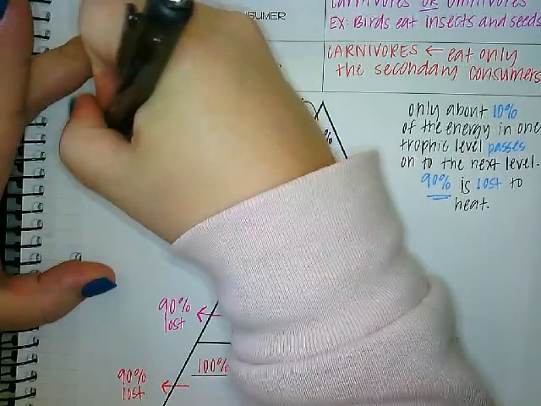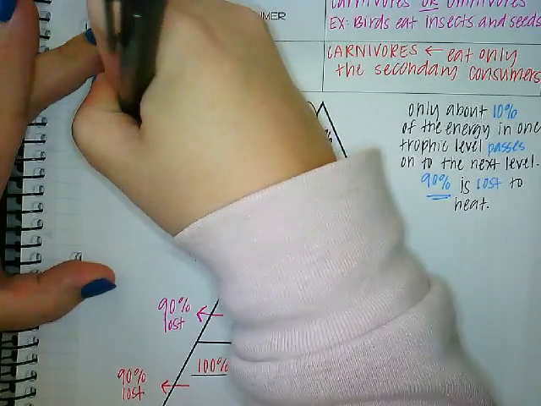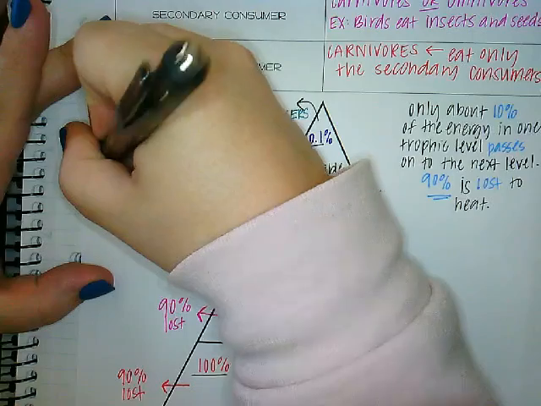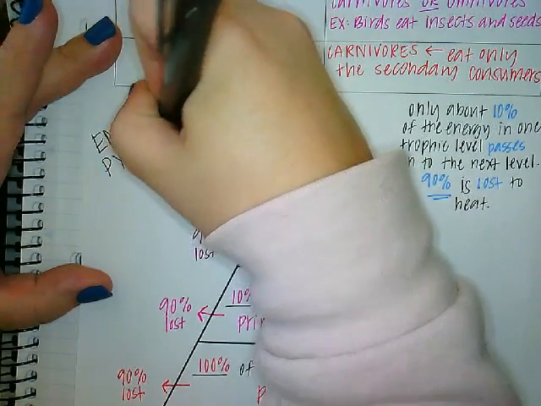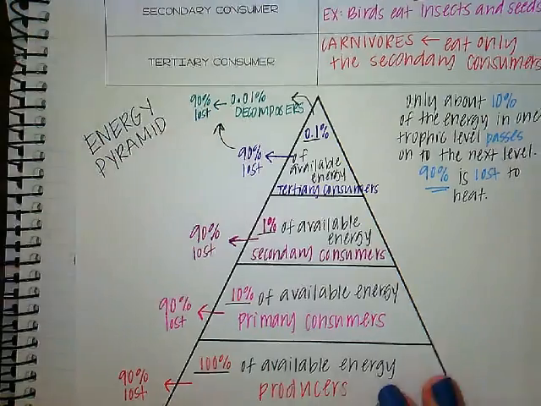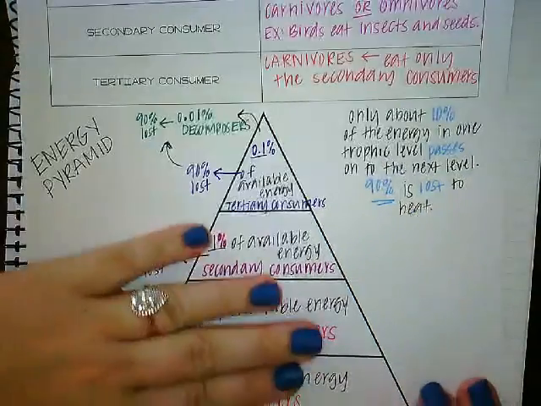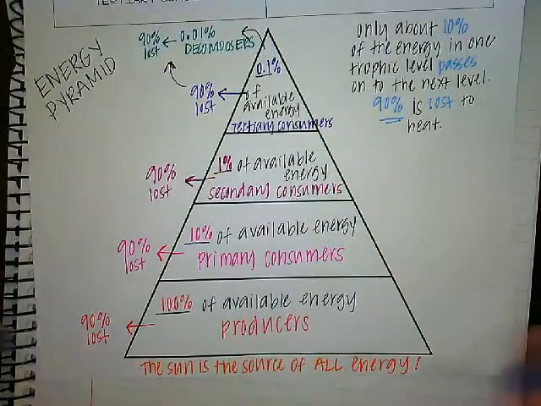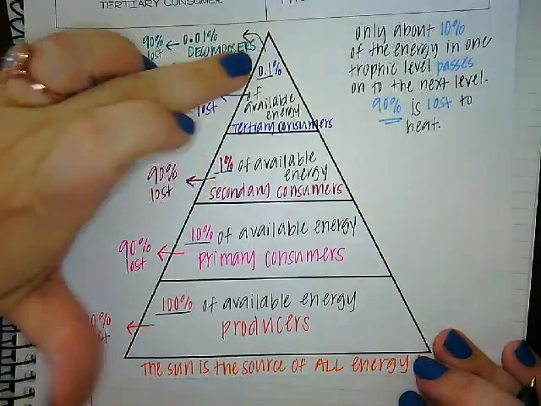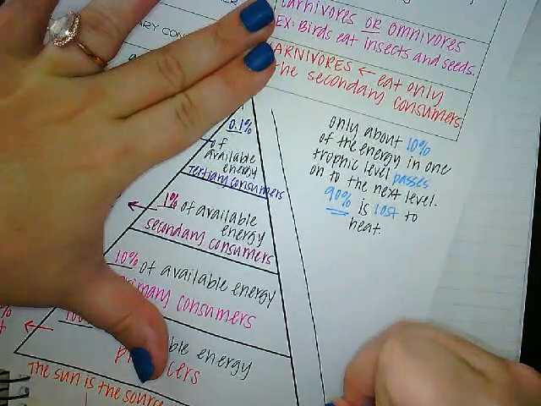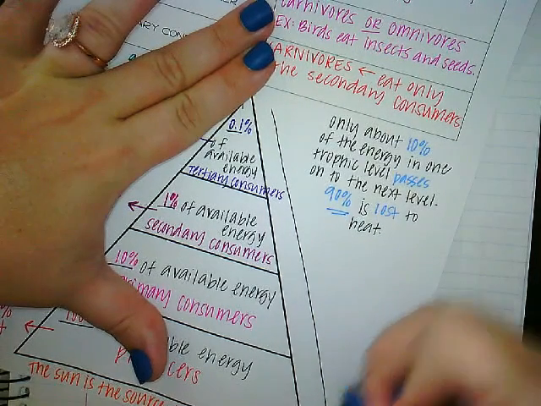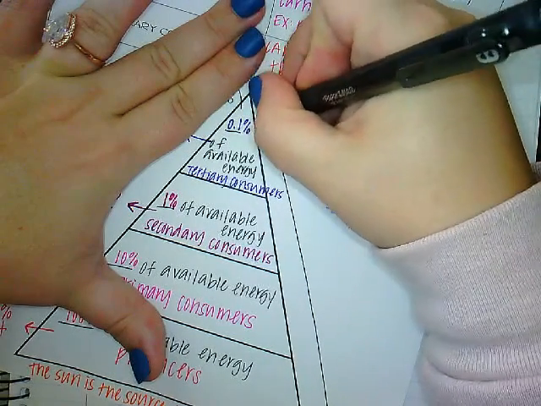So looking at our energy pyramid here, which just FYI, that's what this is called. I'm going to label it energy pyramid. If you look at just the layout of your pyramid and even your percents within each category, you can almost take your pencil and draw a line down this side.